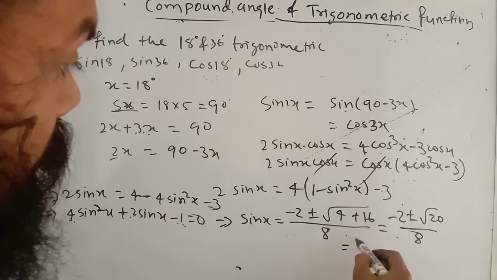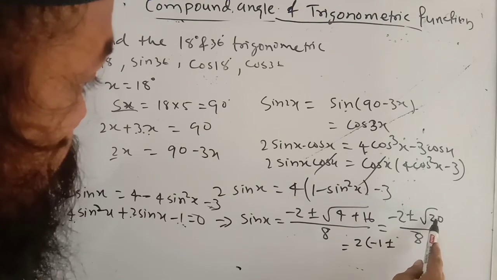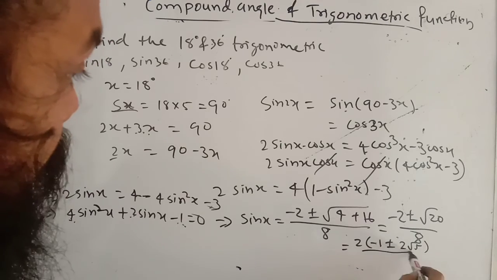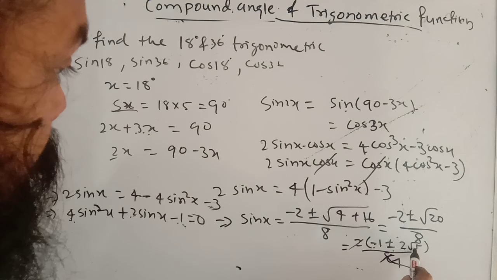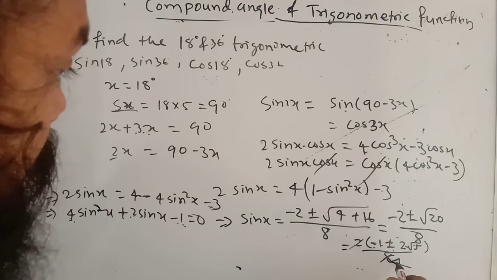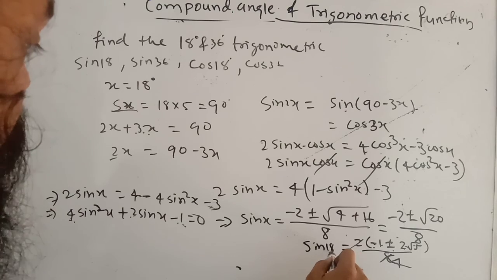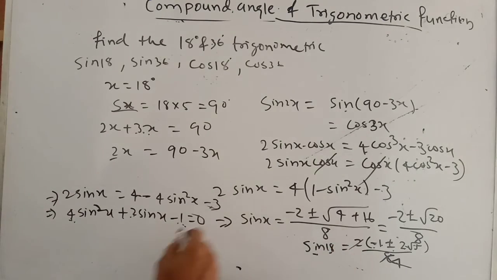Okay, so now you can take 2 common, it will become minus 1 plus minus root of 5, so here 2 root 5, and now 8, 2 4s are 8. So here 2 values: minus 1 minus root 5 by 4 and minus 1 plus root 5 by 4. Because here x is equal to 18 degree, and 18 degree lies in the first quadrant, so the value of sin 18 must be positive. So the sin 18 value is minus 1 plus root 5 by 4.